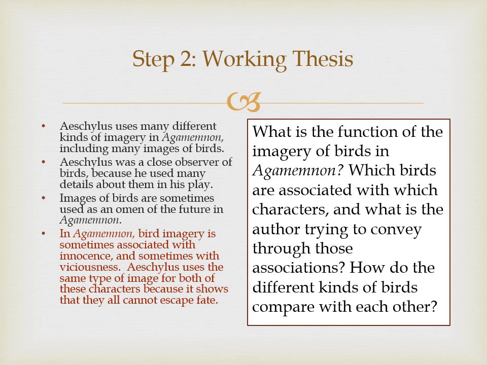And that is where you're trying to persuade somebody of something. This is where you're making an arguable claim. Aeschylus uses the same type of image for both of these characters because it shows that they all cannot escape fate. So that second piece is kind of necessary to make this a complete working thesis.